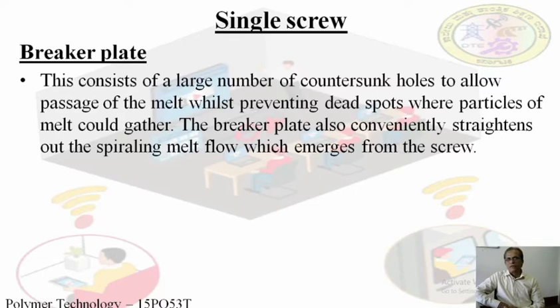It consists of a large number of countersunk holes to allow the passage of melt whilst preventing dead spots where particles of melt could gather, and the breaker plate also conveniently straightens out the spiraling melt flow which emerges from the screw.